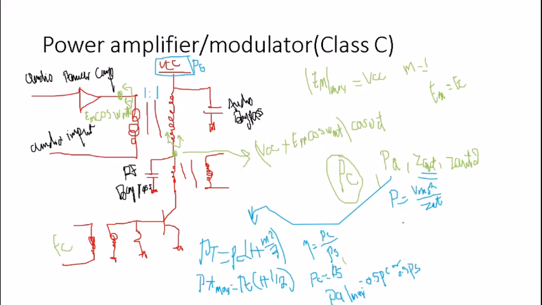So we can find here that Z output equals V_RMS squared over the power of the transformer. But the power of that transformer is only just the power of the audio amplifier right here. So we can denote this by the power of the amplifier.